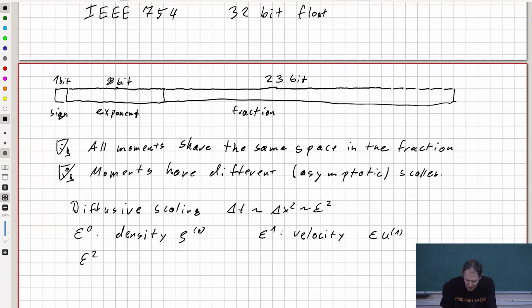And then at second order, we have the pressure. So the pressure in the sense of the pressure variation. In the Navier-Stokes equation, we only care about the pressure variation. There's a background pressure that is constant. This we don't care about, yeah? And so the pressure is then epsilon square rho second order, and in principle you have to multiply this by theta, yeah, in order to make it a pressure.